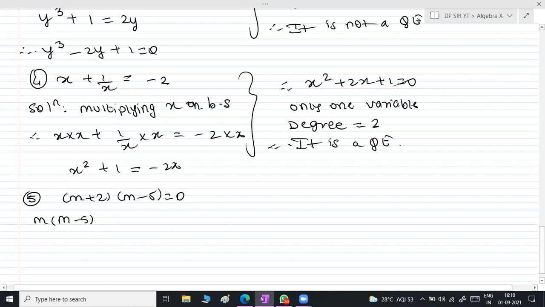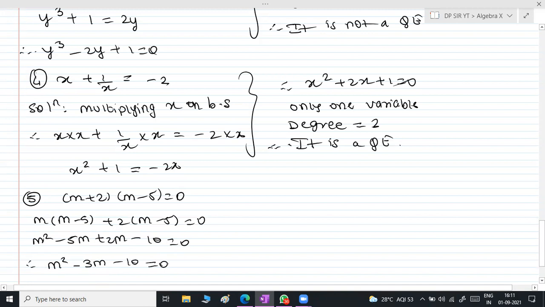This you have studied in your 7th standard, how to multiply these terms. Therefore m square minus 5m plus 2m minus 10 is equal to 0. Therefore m square minus 3m minus 10 is equal to 0.